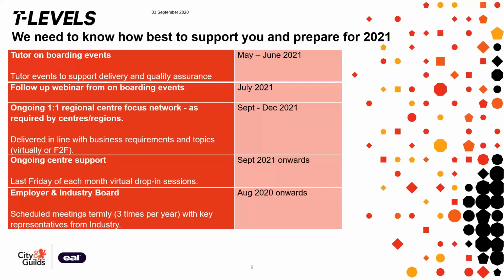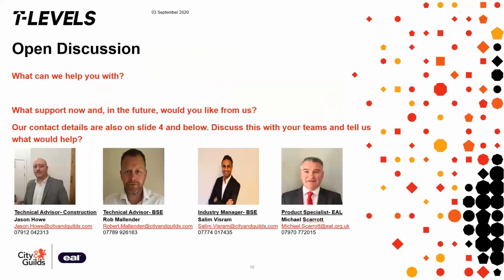So on the last Friday of every month, there's going to be some virtual drop-in sessions for you. And then August 2020 onwards, which we've already had our first one, there's going to be the employer and industry board. And these will be scheduled meetings 3 times per year with key representatives from the industry. I'm going to hand you back over to Rob now.